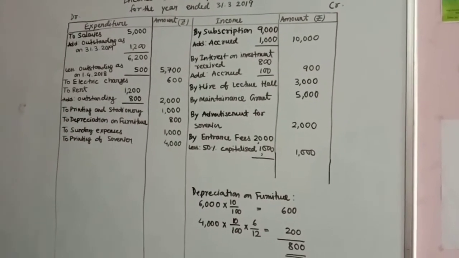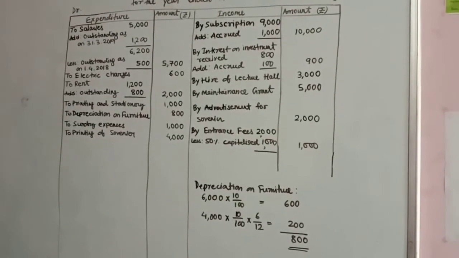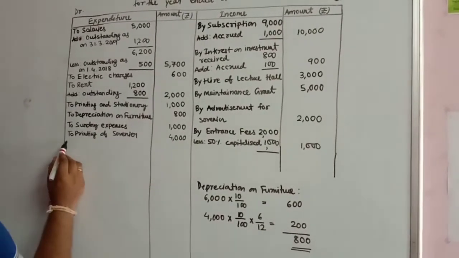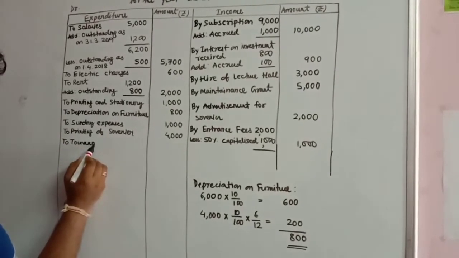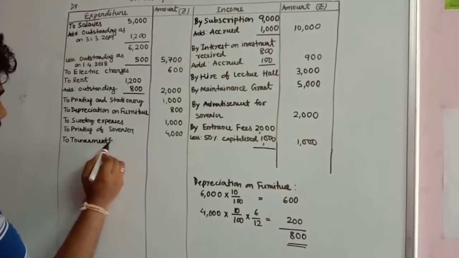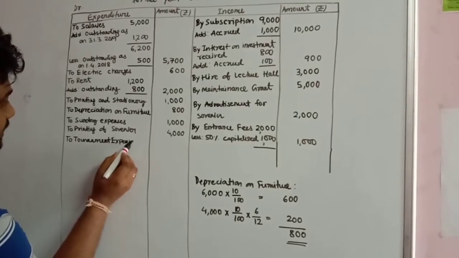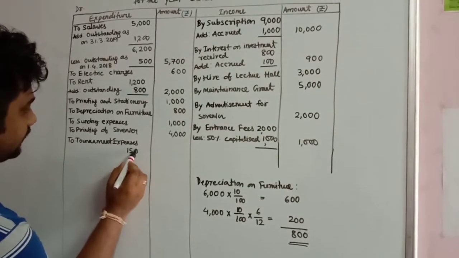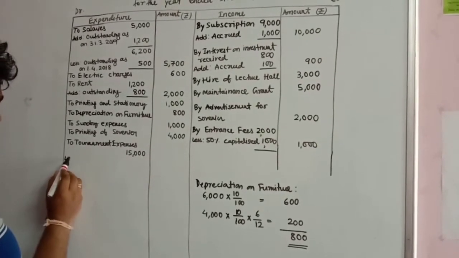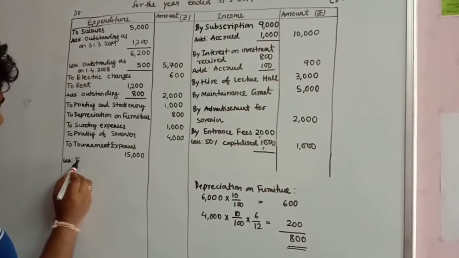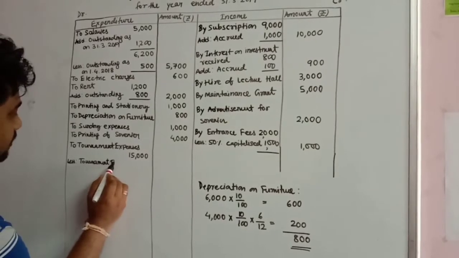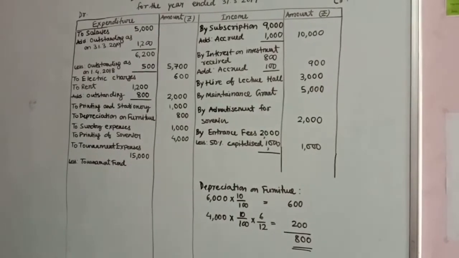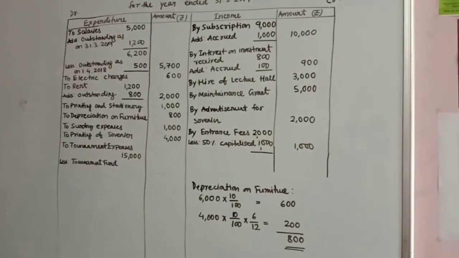Next you have tournament expenses. Now you see, tournament expenses amounted to rupees 15,000. But you already had a tournament fund. So you are expected to use the money in the tournament fund available for your tournament expenses.